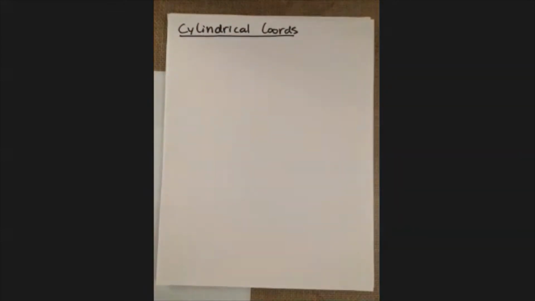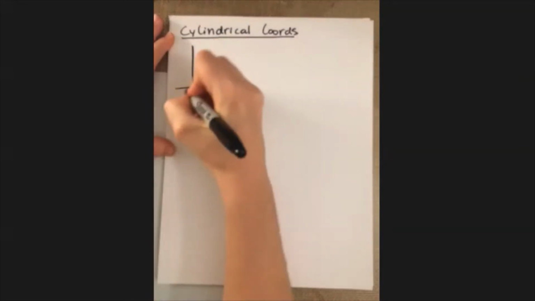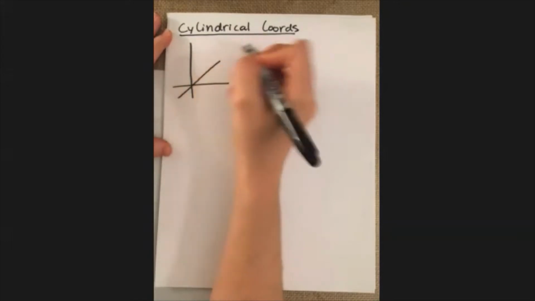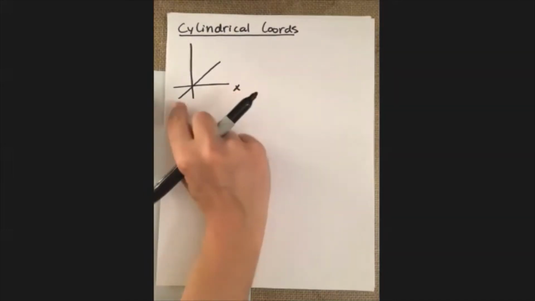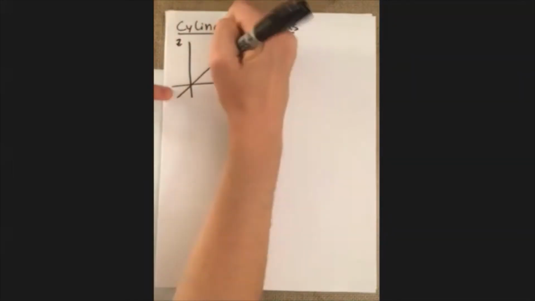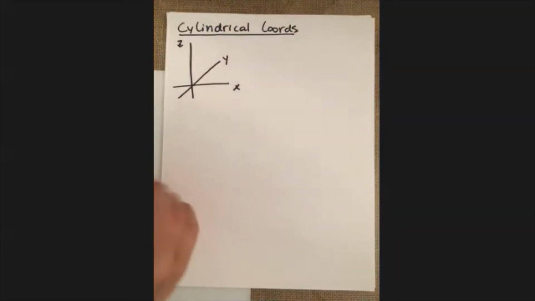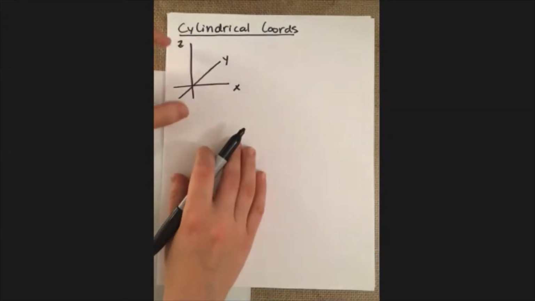So in cylindrical coordinates, we have our x, y, z axes like so. Just to be clear on how I'm drawing my axes, previously I was drawing them with the x pointed this direction and the y pointed this direction and z pointed this way. But with the way that we've been able to use them the most in the last couple of videos, it's been really helpful to have a rotated version of the axes.